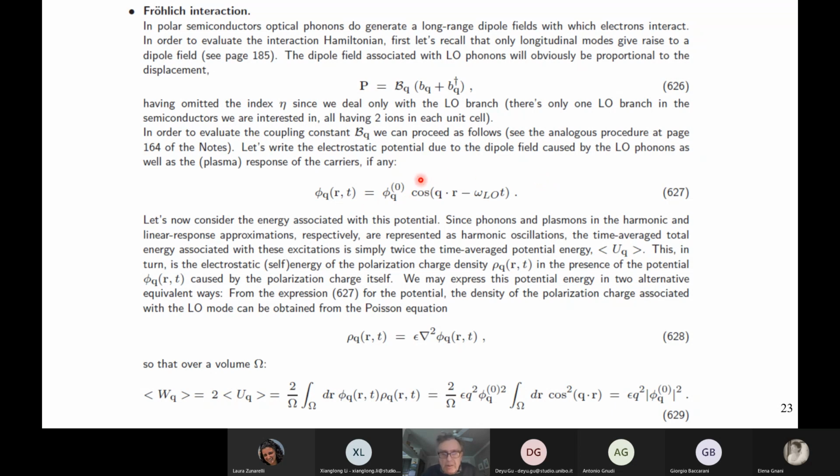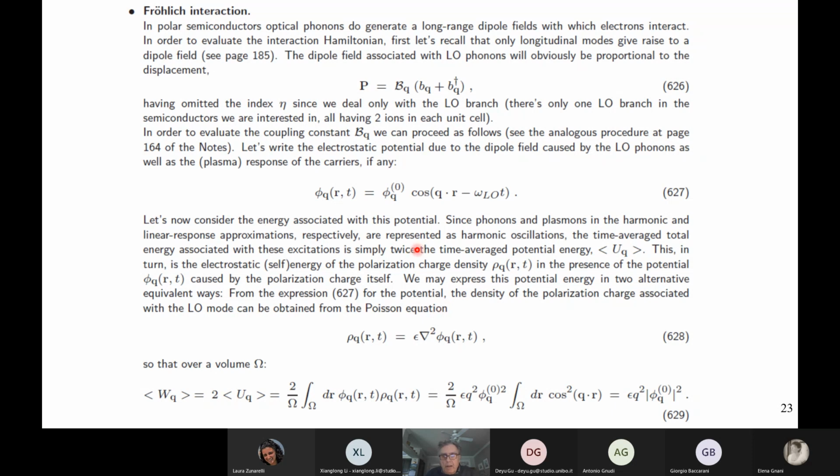This is the basic argument. So let's consider only longitudinal optical phonons, and let's assume that the potential associated with this phonon has this particular form. Some amplitude, we don't know yet what, and then the usual plane wave form. It oscillates in space with a spatial frequency given by Q, so a wavelength which is 2 pi divided by the magnitude of Q, and the frequency omega LO.